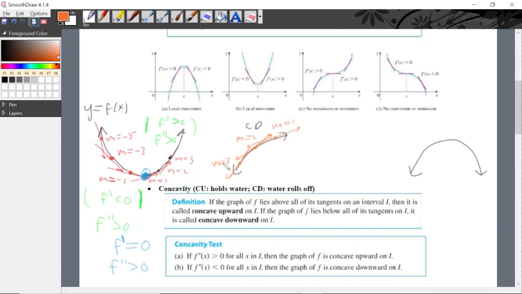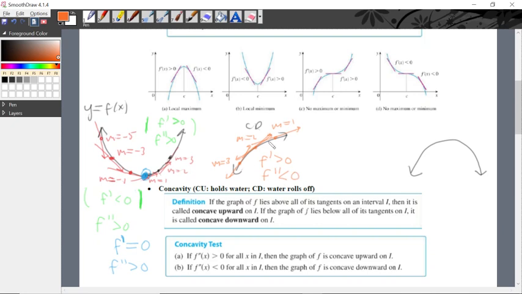So notice that the first derivative is decreasing. It is positive throughout, so we have f prime positive throughout this entire region, but the first derivative is decreasing because we see the slopes of the tangent lines decreasing. So the second derivative would be less than 0 then.